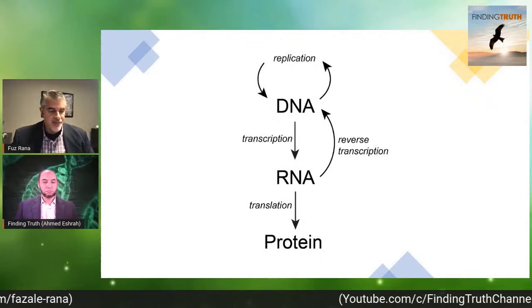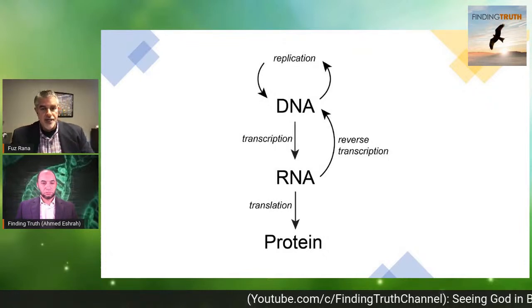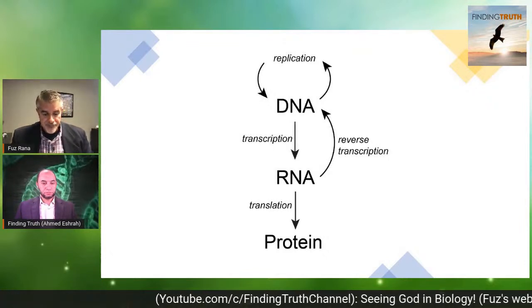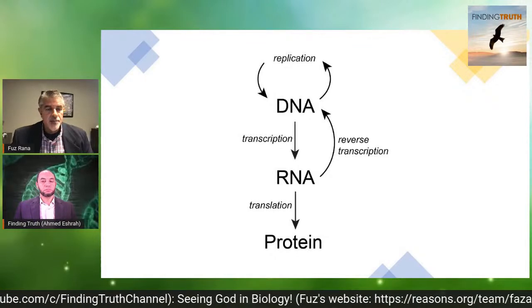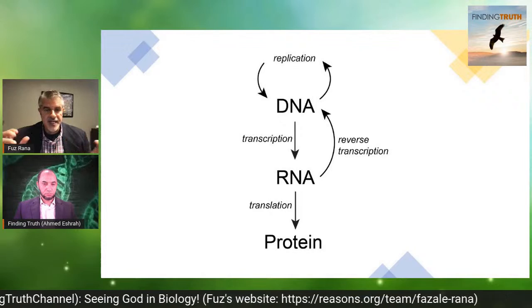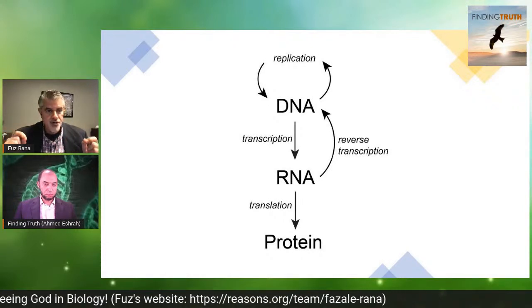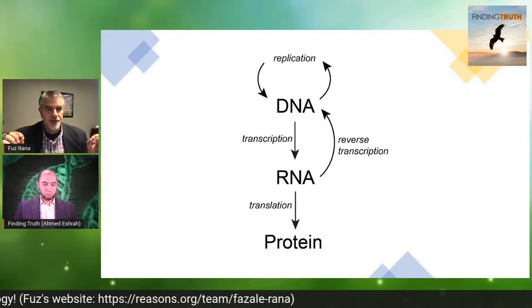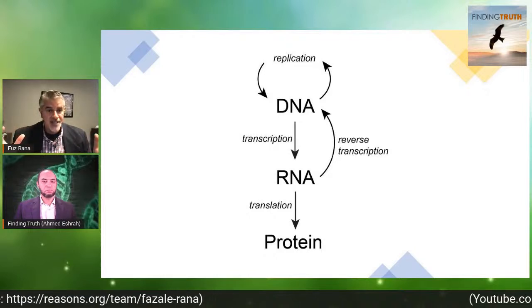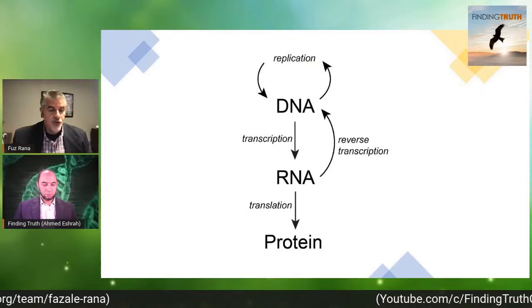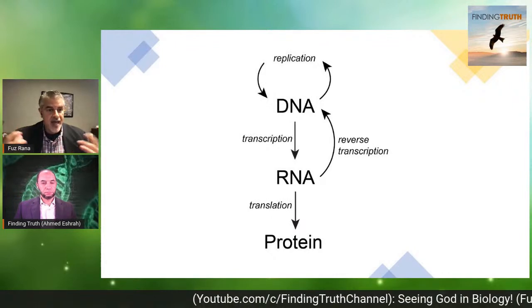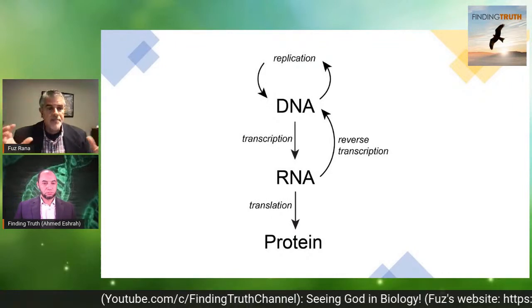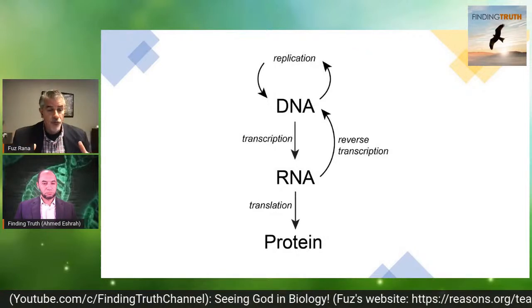We talked about the process of translation in a previous episode as well. Again we see this flow of information, but notice that the information is changing formats. It's going from a polynucleotide format to a polyamino acid format, from nucleotides to amino acids, and there has to be something that mediates that change in format.